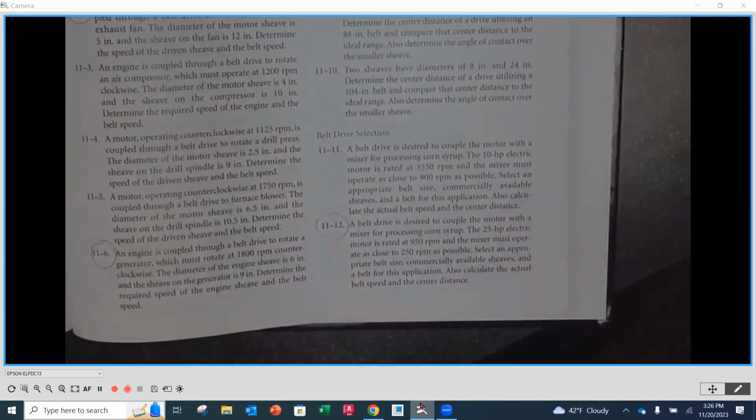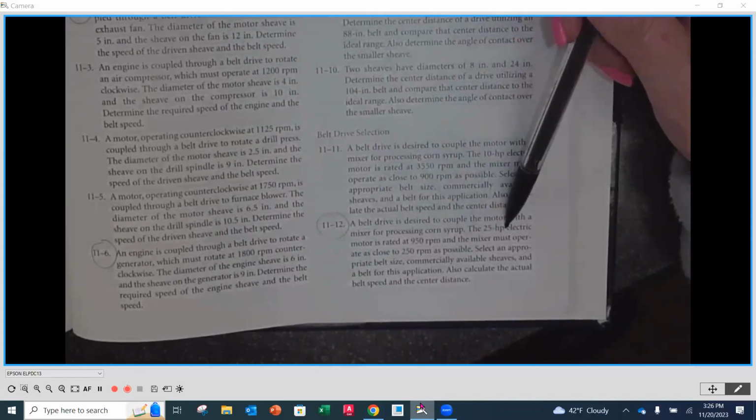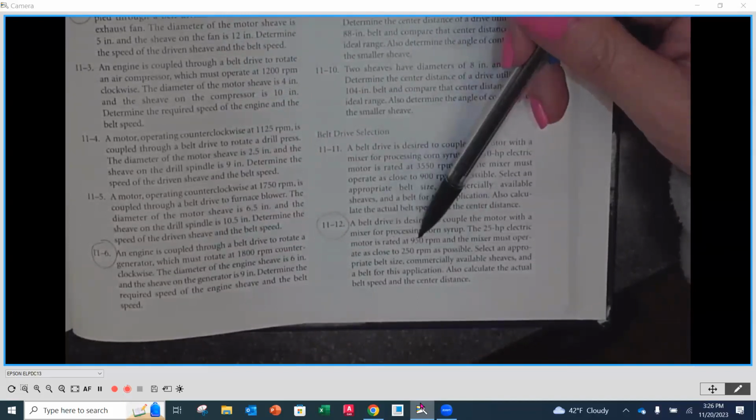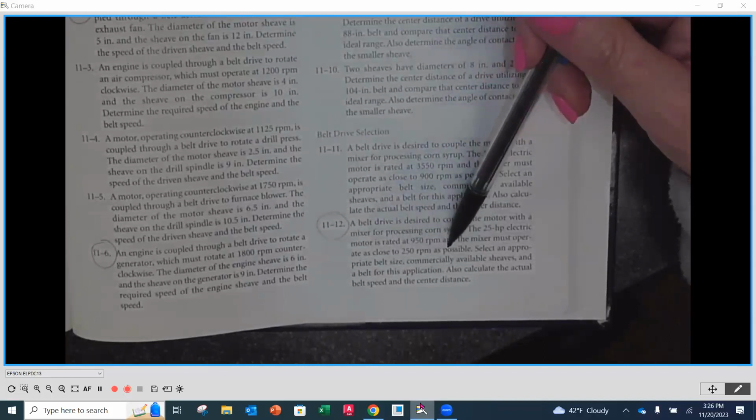Number 12, we've got a belt drive. It's desired to couple a motor with a mixer for processing corn syrup. A 25 horsepower electric motor is rated at 950 RPM, and the mixer must operate as close to 250 RPM as possible. So they're not saying it has to be exact, but you want to be nice and close.